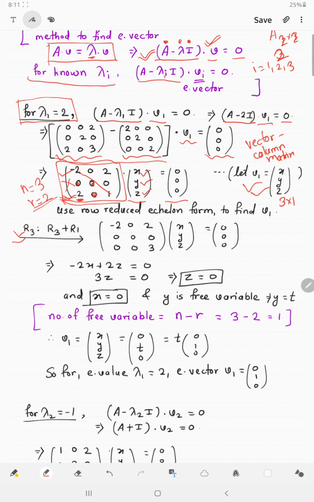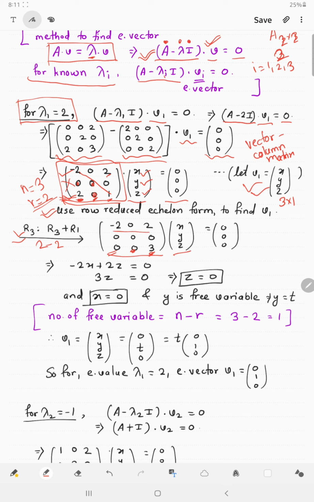R3 plus r1 means 2 minus 2. 2 minus 2 is 0. Now here 0 plus 0 is 0. 1 plus 2 is 3. So I now have this matrix into x, y, z equal to 0, 0, 0. Now my calculation becomes simpler because I multiply this matrix with this matrix.